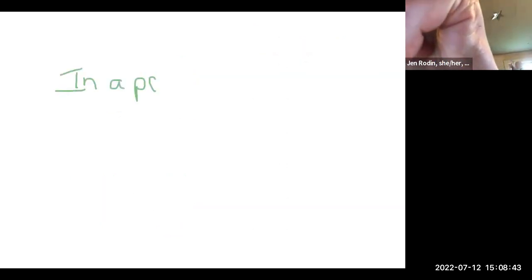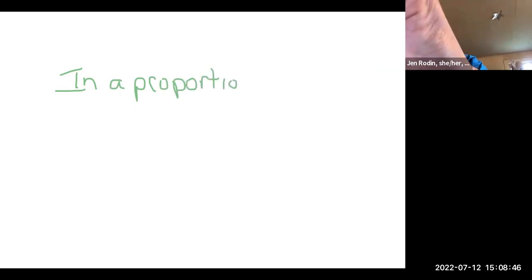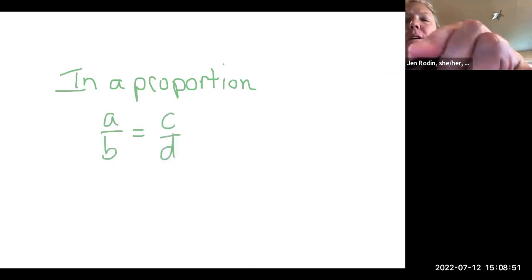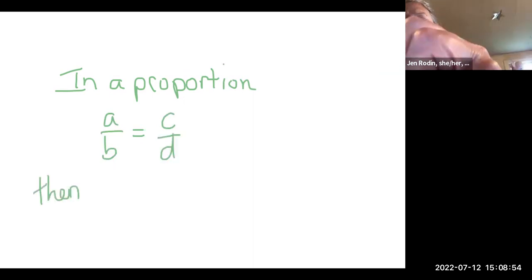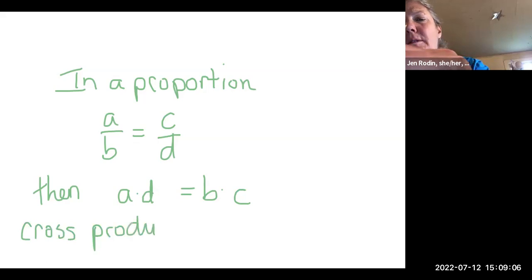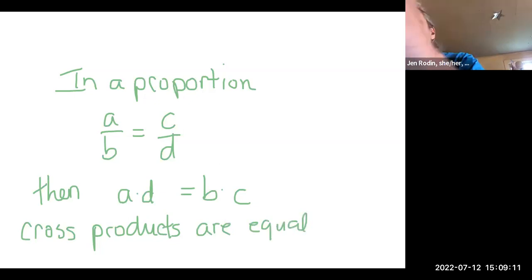In a proportion, when it's true, if I have A over B equals C over D, then A times D always is going to equal B times C. That cross multiplication, the cross products, are always equal. So like we know 2/3 is equal to 4/6 from long ago.